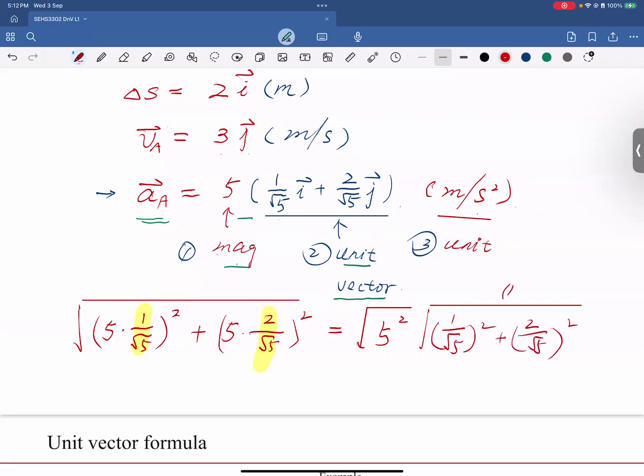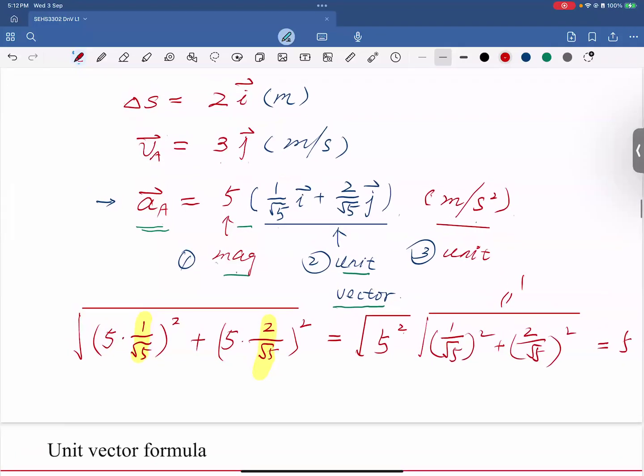And the latter part is 1. So the square root of 5 squared, at last we have 5, still 5, right? So the unit vector has nothing to do with the magnitude, because the unit vector's magnitude is 1. It's just an indicator of direction.